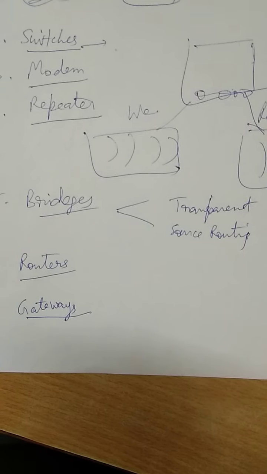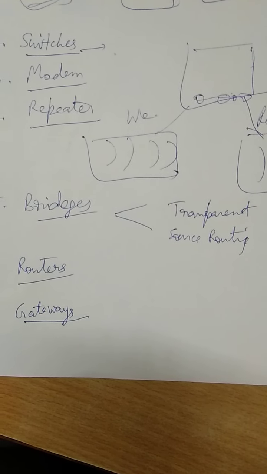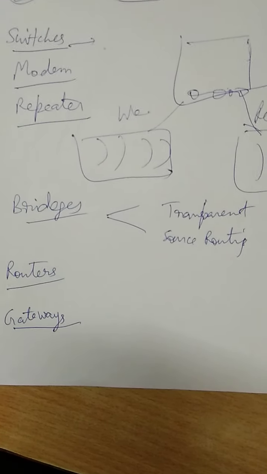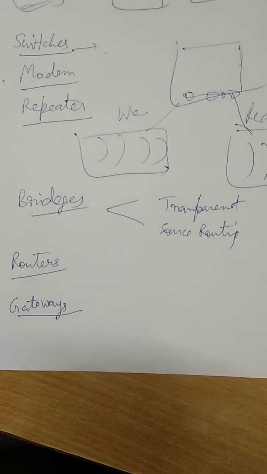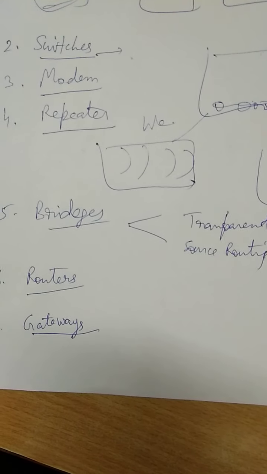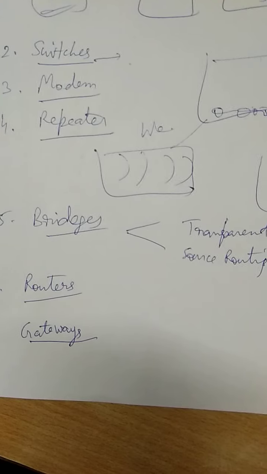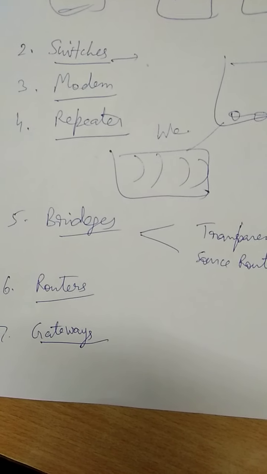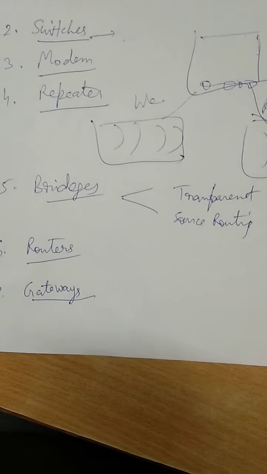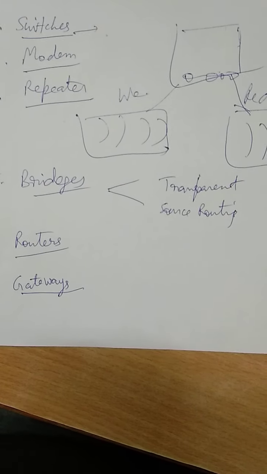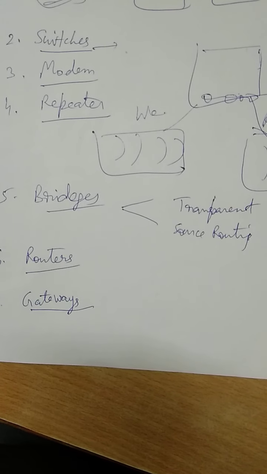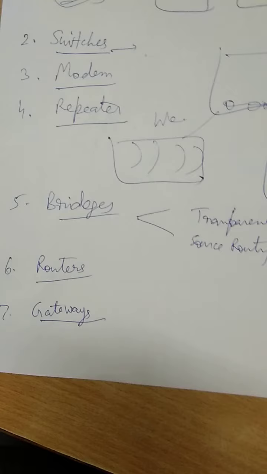So a gateway can actually translate the data from one type of network to the other type of network. Gateways comprise software, dedicated hardware, or a combination of both. Gateways can connect systems with different communication protocols, languages, and architecture. The main limitation of gateways is that they are slow because they need to perform intensive conversions.